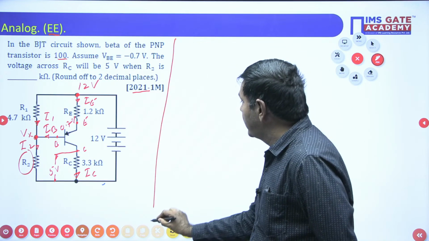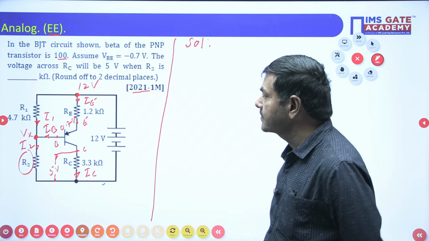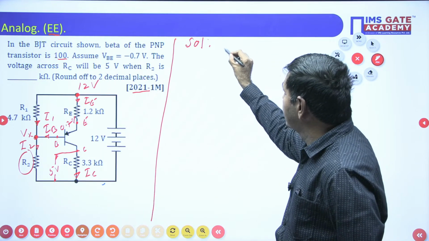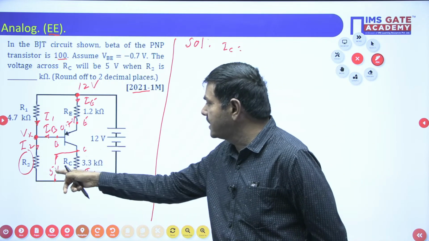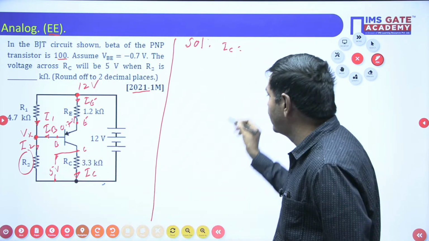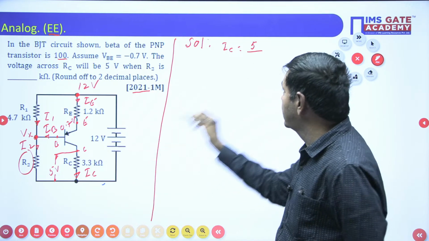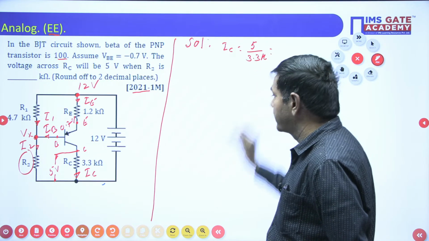Initially I wish to find which parameter here? IC I can determine directly. The collector current is the voltage across RC, 5, divided by RC, which is 3.3 K. This is IC.